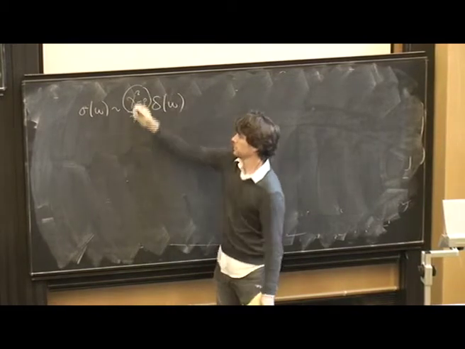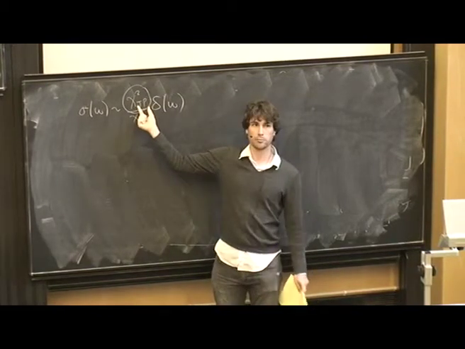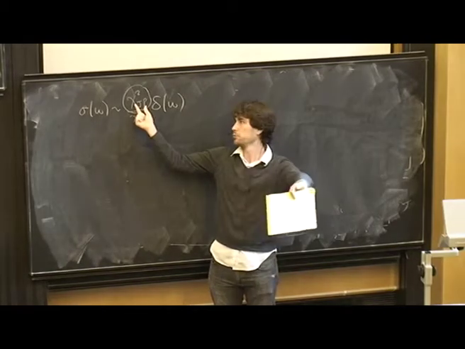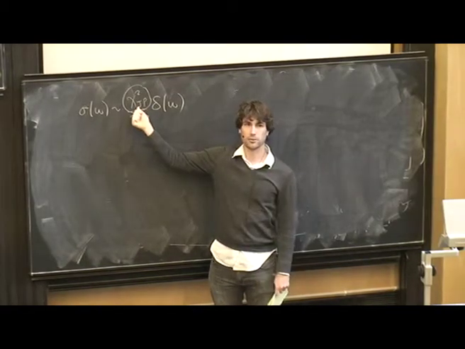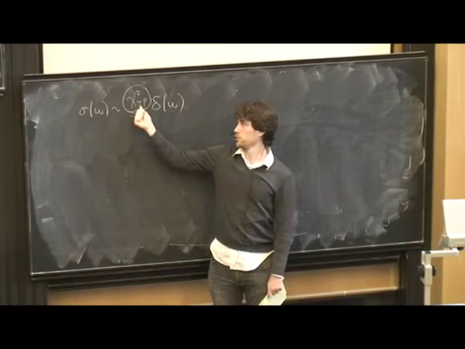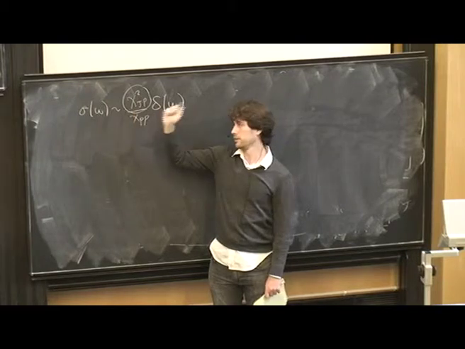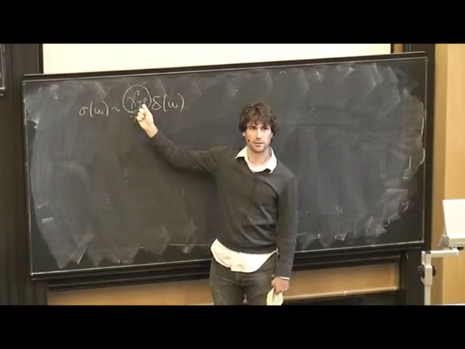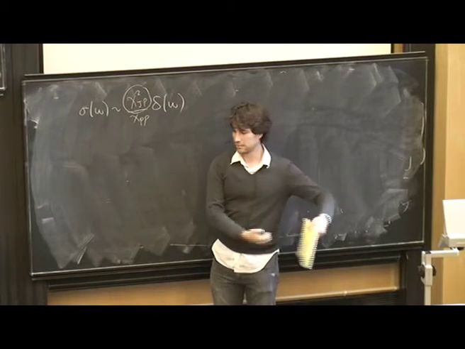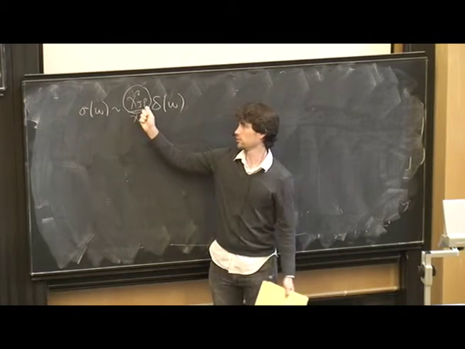This is a quantity that measures the overlap between the current and the momentum. That tells you that if I have a state with a certain amount of momentum, it'll have a certain amount of current. This can be 0, but in a metal, it's not 0. So any state carrying current also has momentum.